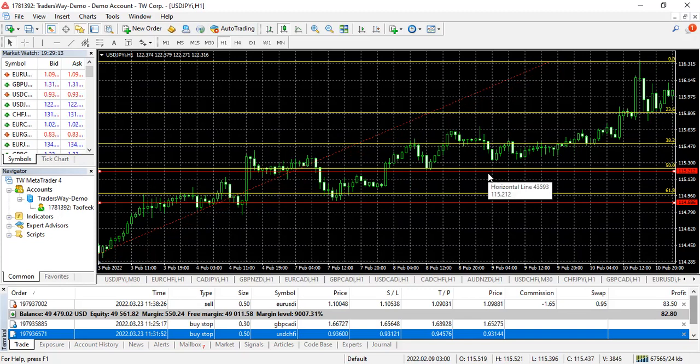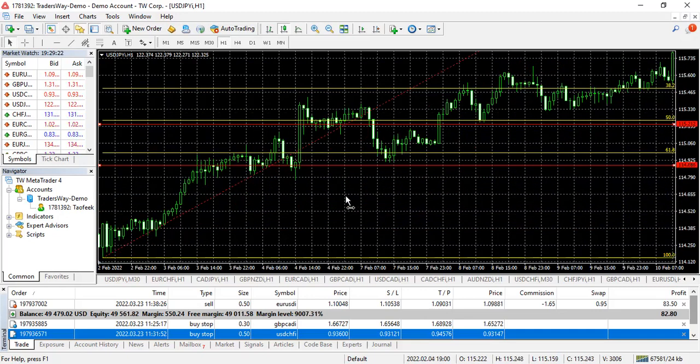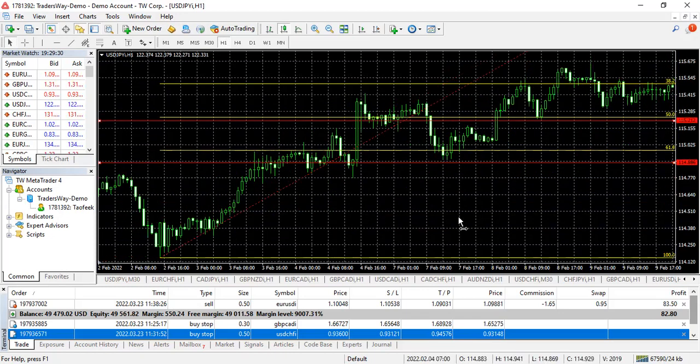Then it will stop me out of the market rather than have a losing trade. So that is how to use Fibonacci to set a stop loss level in our markets. So that is how to use it.